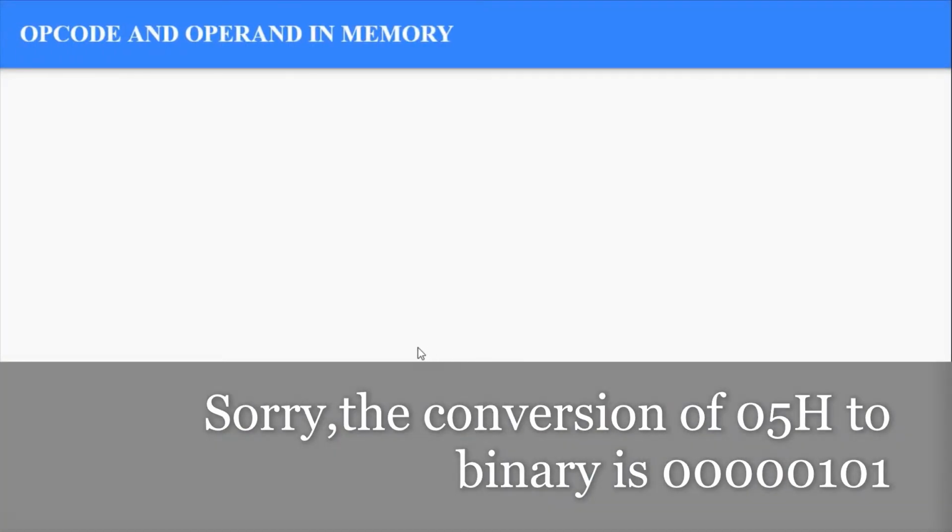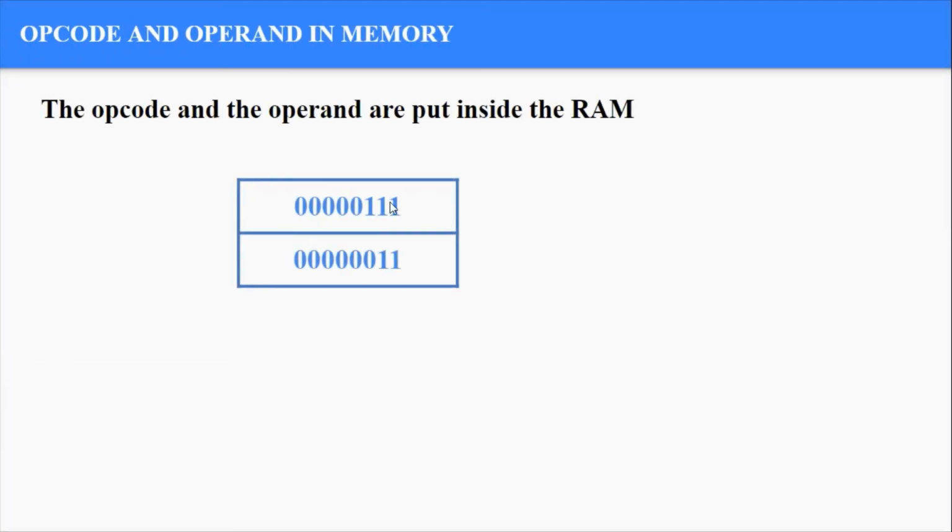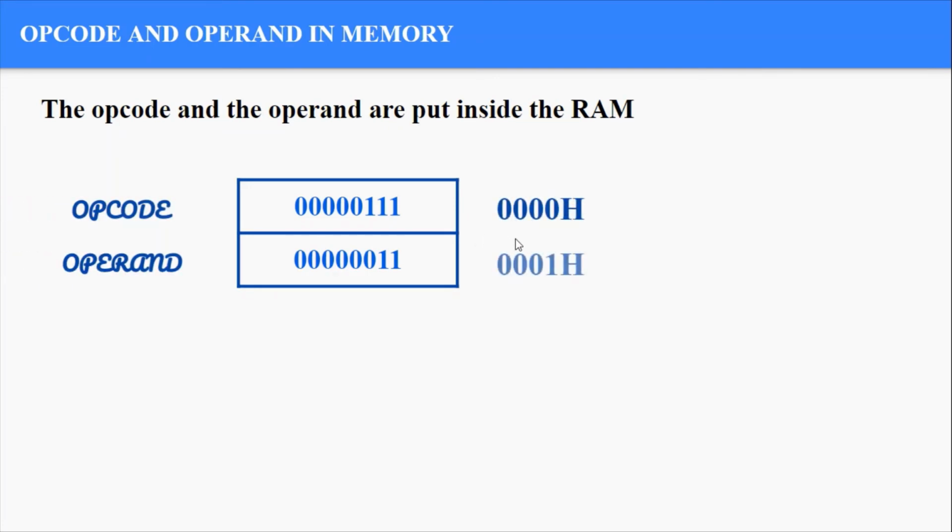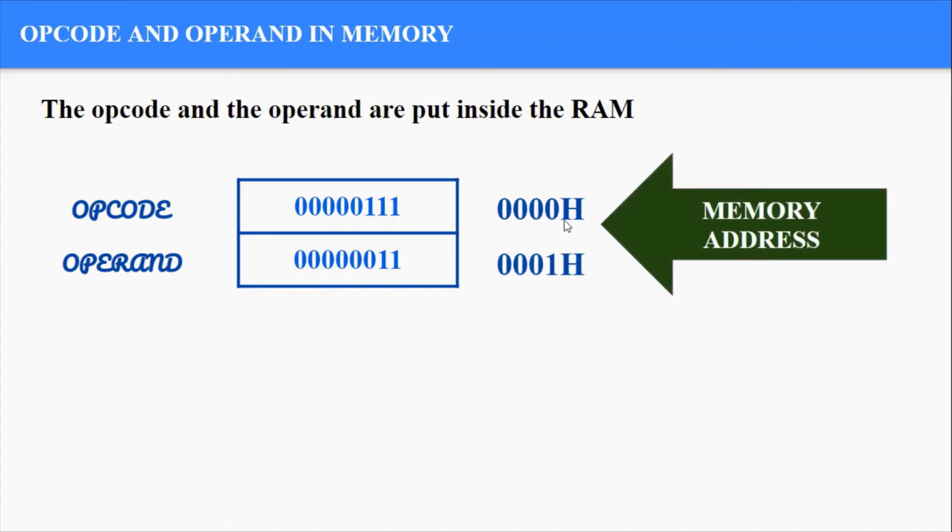The opcode and the operand are put inside the RAM. And let's assume the memory locations to start from 0000H, assuming a 16-bit address bus. The opcode is in address 0 and the operand is in address 1.